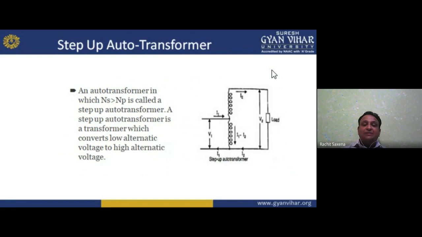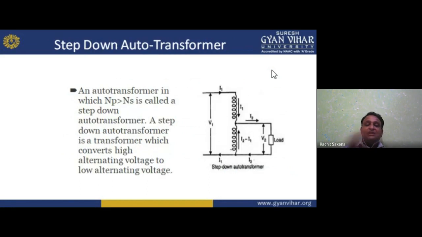So step up and step down are the same, and single phase and three phase are again the same. On the basis of supply, again single phase and three phase; on the basis of construction it is the same. No core and shell here. It is only one core on which we wind one winding, and it behaves like a primary and secondary.